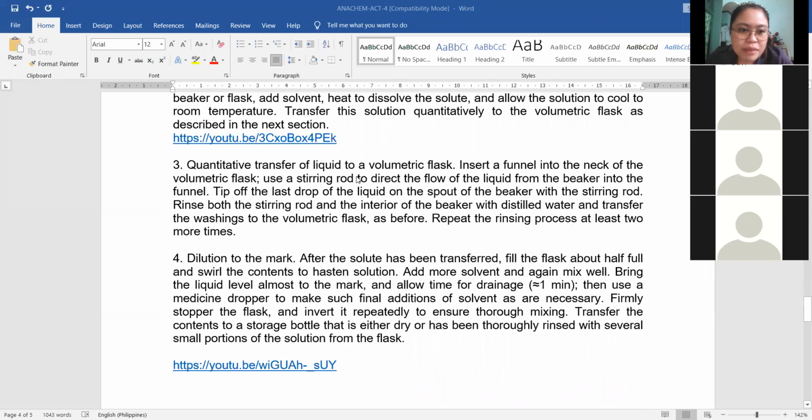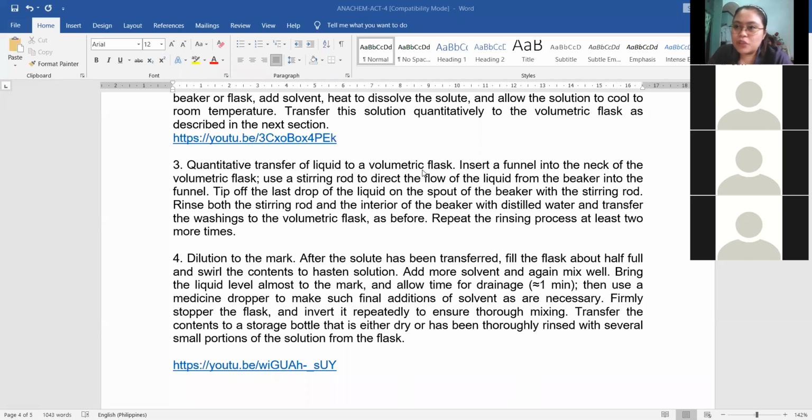So, pwede din naman kasing transfer of the liquid to a volumetric flask. Kung ito yung gagawin mo, you will be dissolving the powder into a separate apparatus like the beaker or the graduated cylinder. So, yung beaker, lagay mo sa analytical balance, doon ka mag-measure ng powder mo, and then lagyan mo lang siya ng konting water, and then i-dissolve mo siya doon, and i-transfer mo yung laman ng beaker sa volumetric flask.